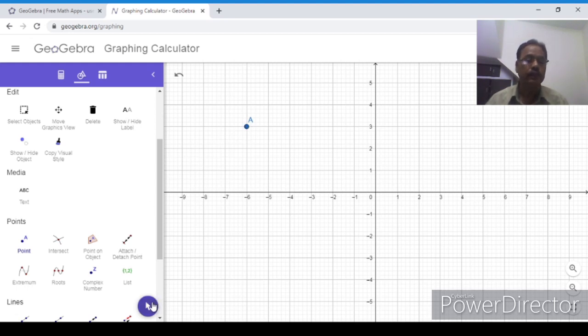Understand? Now similarly, let us take another point. Yes, another point, point B here.